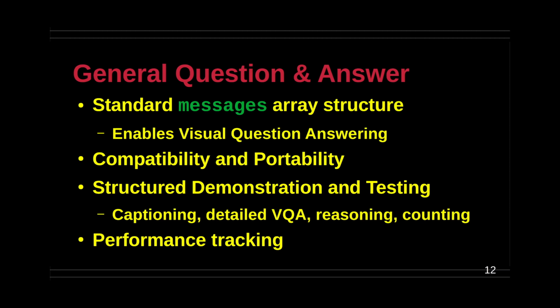Input processing. The design uses the standard messages array structure required by the Qwen processor to seamlessly combine a text prompt, which is the question, with a downloaded image that's been encoded as a base 64 string for transport. This enables visual question answering, or VQA.